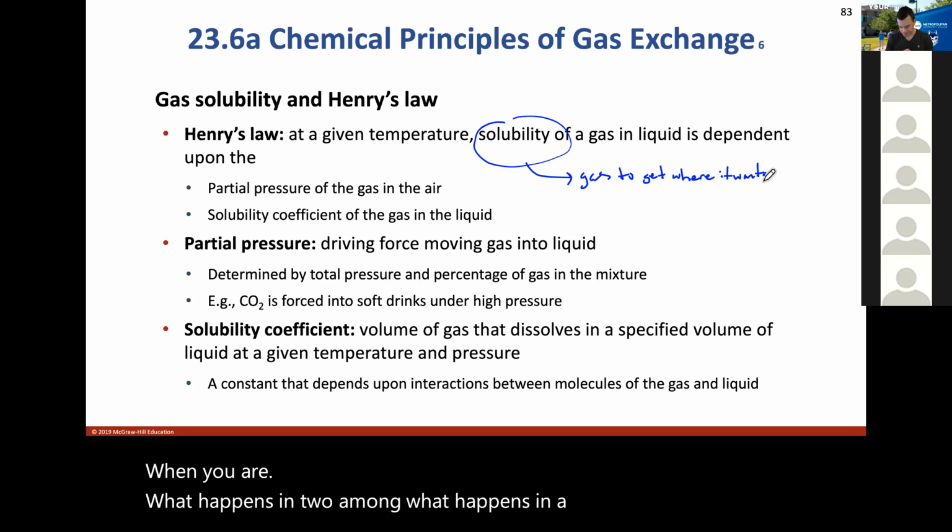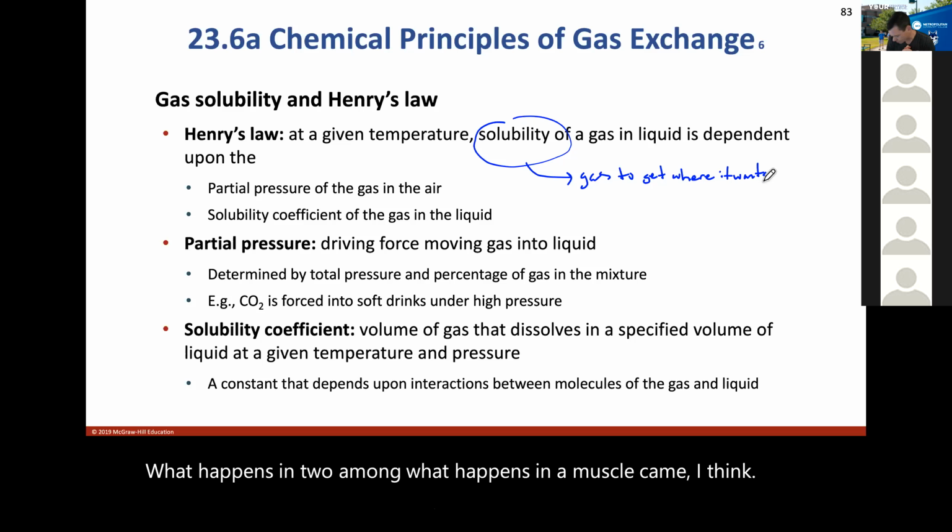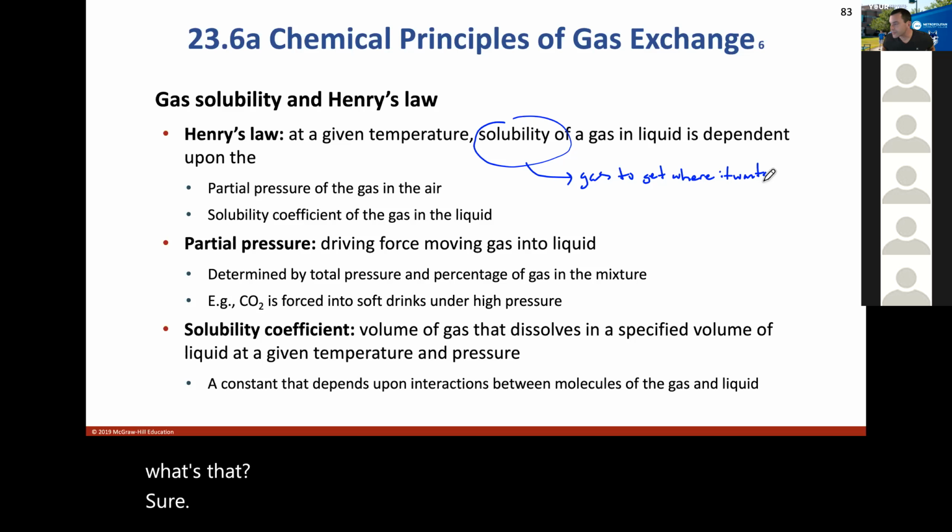Okay, anybody think? Flex. Lactic acid builds up. Sure. But before that, what happens?